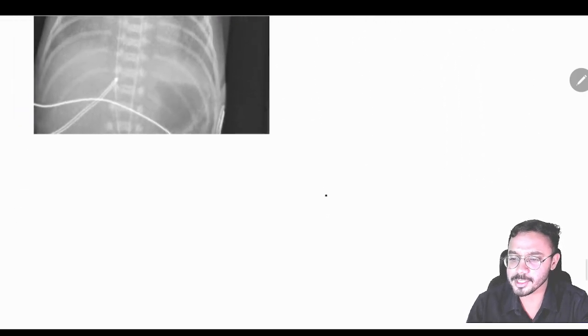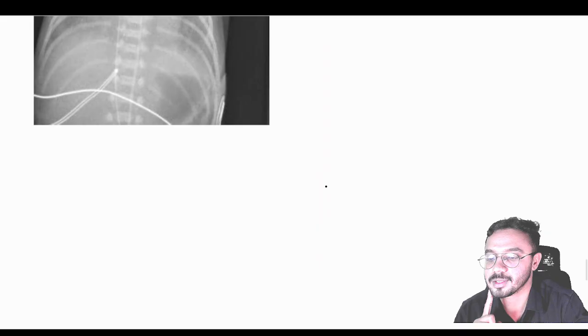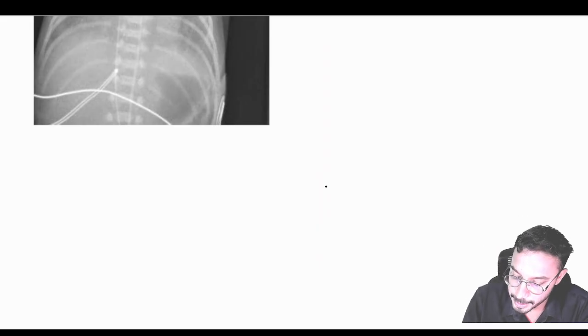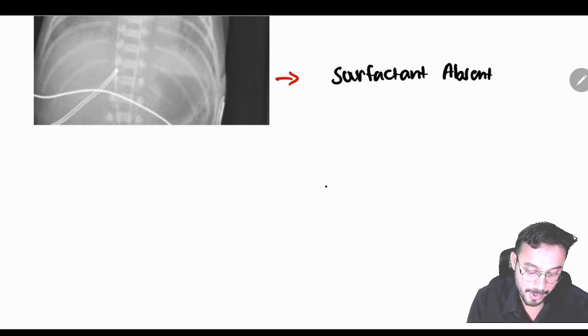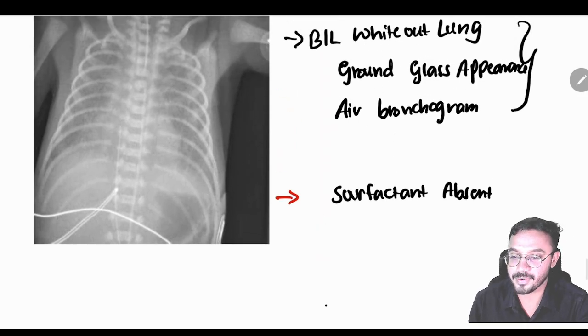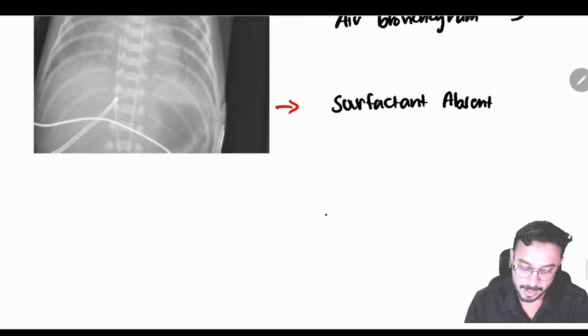Why? What is the common factor in preterm babies? We know in preterm babies, surfactant is not matured. Surfactant is absent. So what actually happens is, the most common cause of respiratory distress in a newborn is decreased surfactant, no? So surfactant is absent or decreased. We all know surfactant.